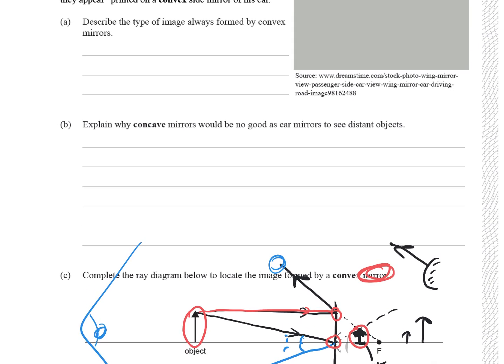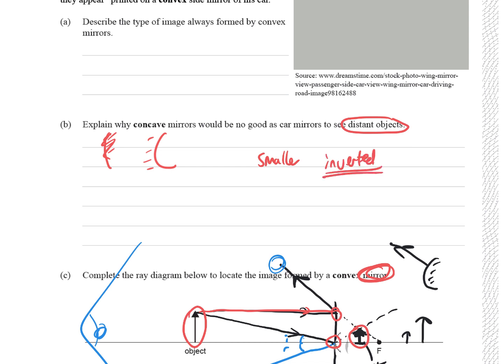And then this one asks why a concave mirror is no good. Now this is where you need to know the nature of the image produced by a concave mirror. So remember, concave is shaped like that. When the object's nearby, it's magnified, but obviously in a car, you're looking at distant objects. And you might remember when you do the ray diagram that makes them smaller, which is fine, but it also makes them inverted.